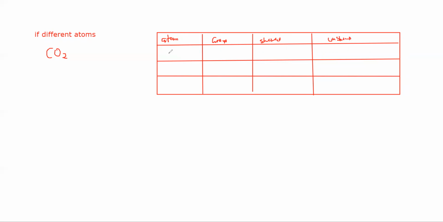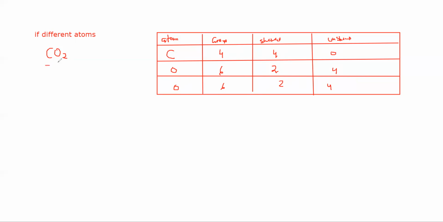The atoms present here are carbon, oxygen, oxygen. Why? Because O2 is there, that's why twice. Carbon belongs to group 4, oxygen belongs to group 6. Carbon will share 4 and unshared will be 0. Oxygen belongs to group 6, so it will share 2 and unshared will be 4. The other oxygen also belongs to group 6, so shared 2 and unshared 4. This is the table which we completed.